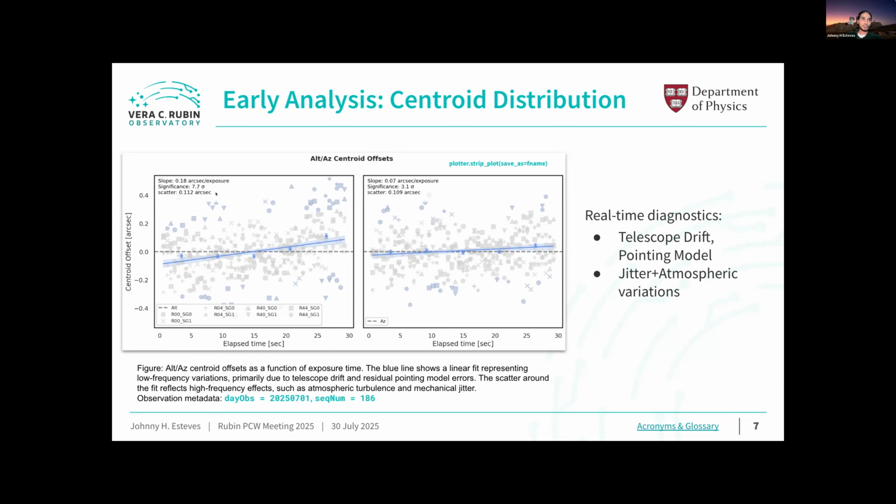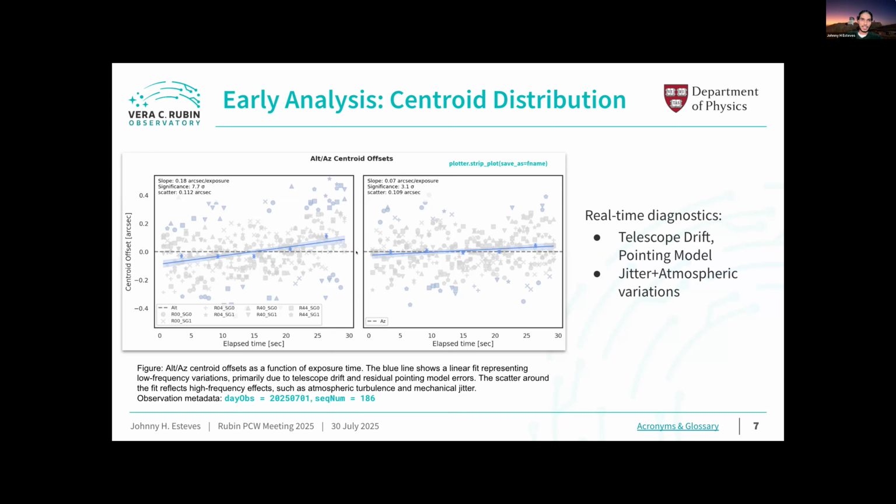And on the top, you can see the slope, the scatter around this linear relation, and the significance of this slope in relation to the scatter. So the significance is basically the t-value of this linear fit. And you can see that there is drift.